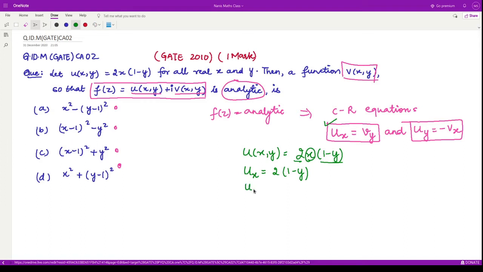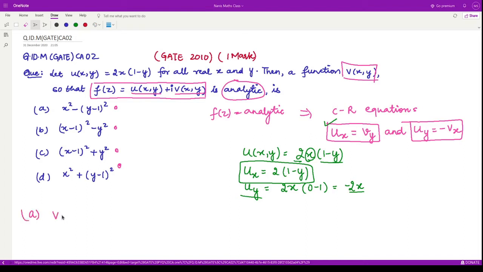And what is u_y? u_y would be 2x as such, and the derivative of (1 minus y) would be 0 minus 1, so it would simply be minus 2x. So this is our u_y and this is our u_x. Now for each of these options, let us compute v_x and v_y.